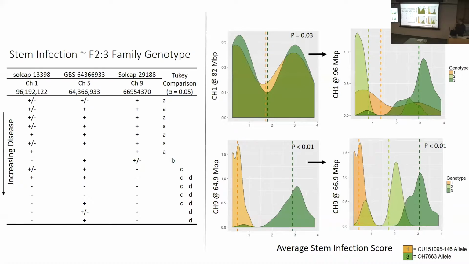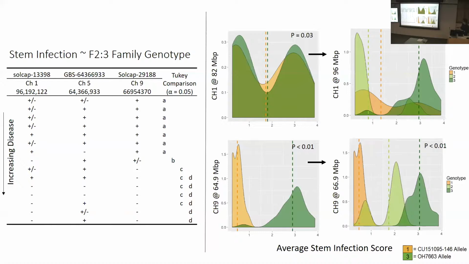But what may be more convincing is if we just rank the F23 families by their phenotype. So in this case, we've got the stem infection. We've got F23 families on rows. And as you move down the table, you have increasing disease in the stems. The Tukey multiple comparison is used to differentiate the families statistically.